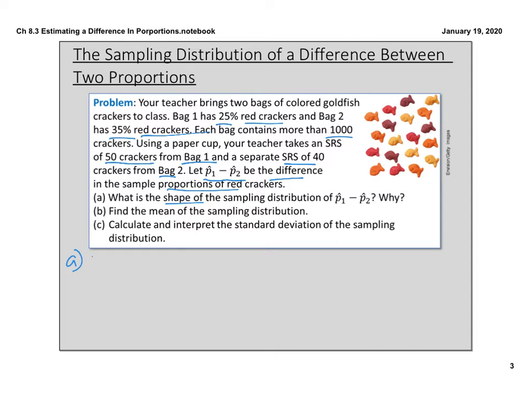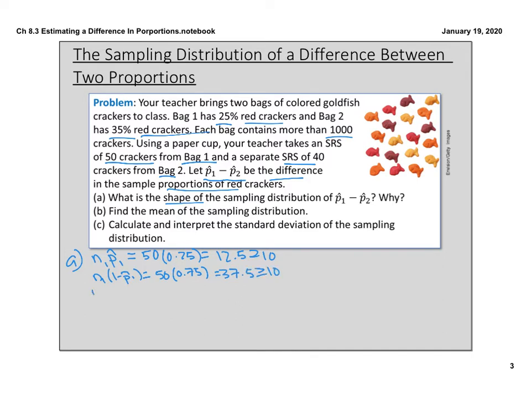So I'm going to start with n1 times p hat 1, which would be 50 times 0.25, which is 12.5, greater than or equal to 10. Okay, great. How about n1 times 1 minus p hat 1? That's 50 times 0.75, which is 37.5. Great. Those two are good.